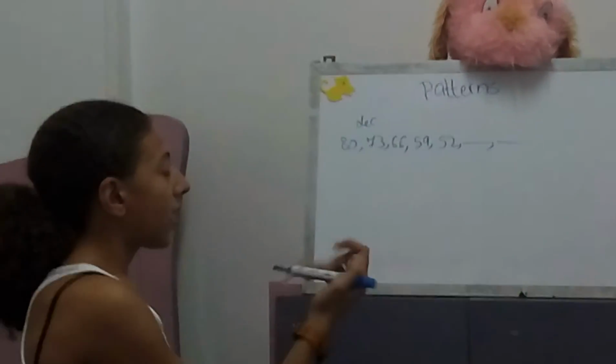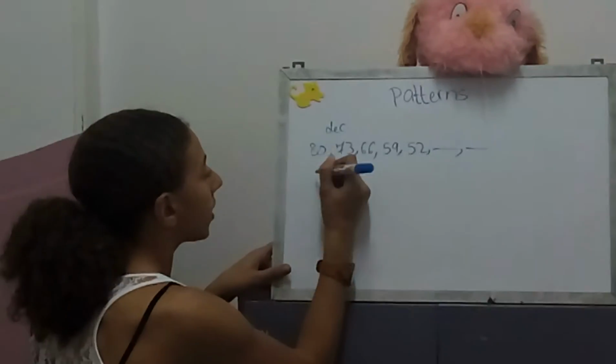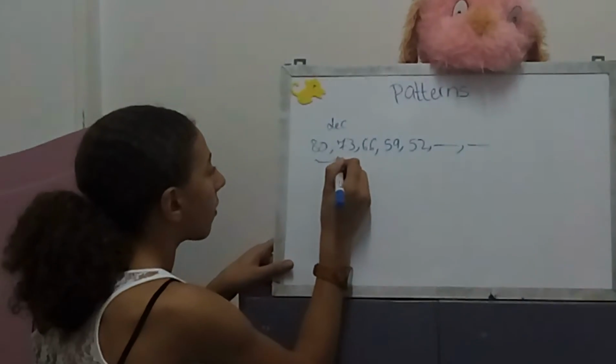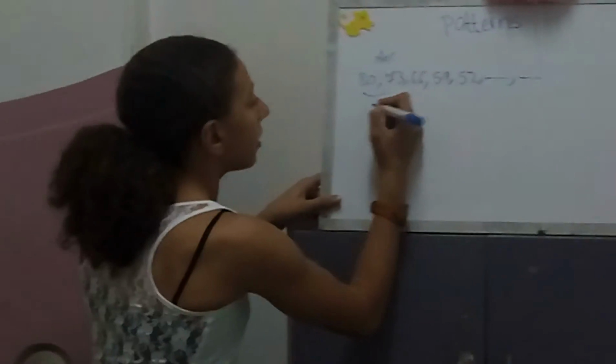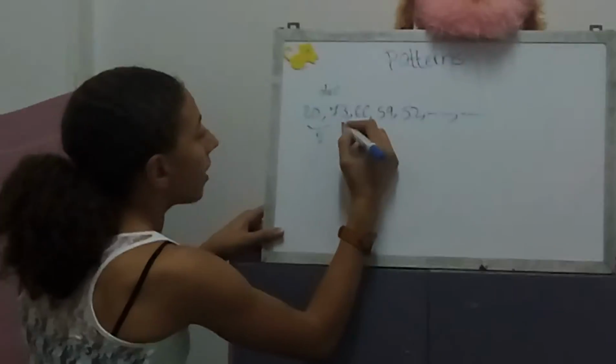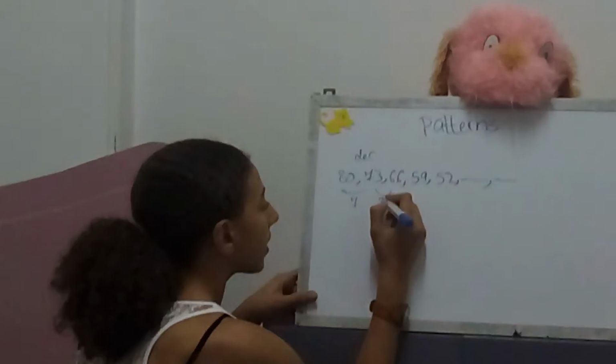So we said that from 80 to 73 it decreases, okay? Well, let's see what is the constant difference. Okay, 80 minus 73 is 7. Okay, 73 minus 66 will be 7.